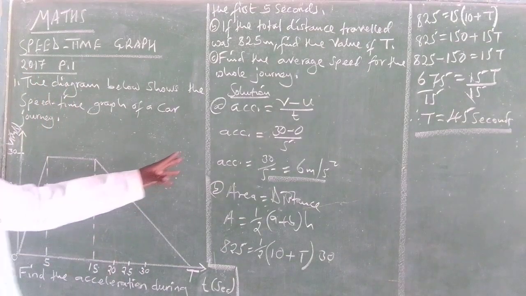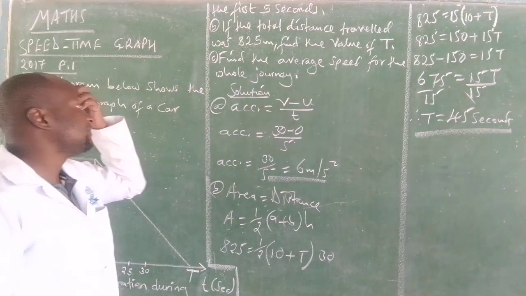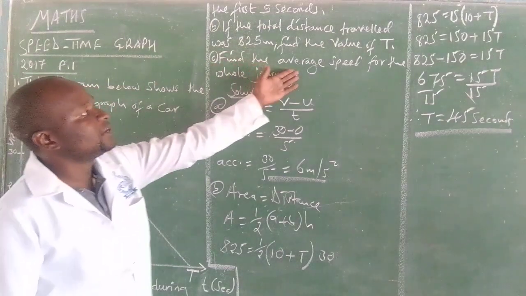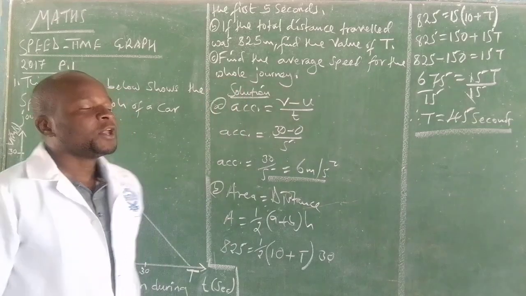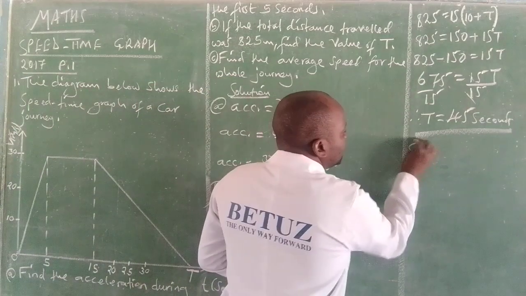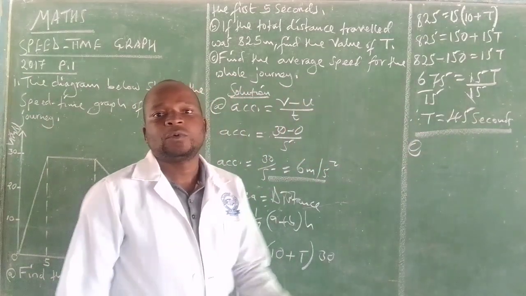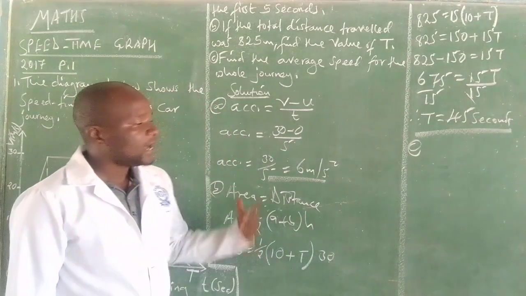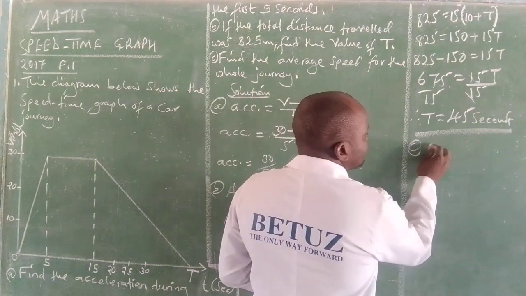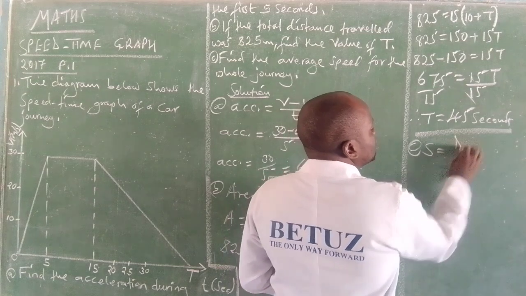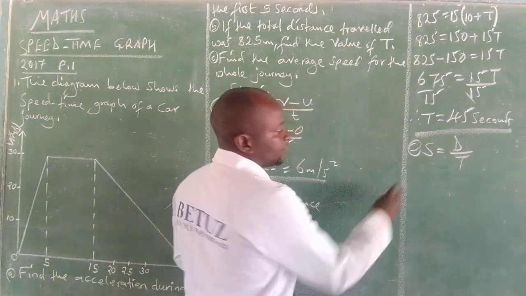Then coming to the last question, which says find the average speed for the whole journey. To find the average speed, we bring the formula for average speed, which says speed is equal to distance over time.